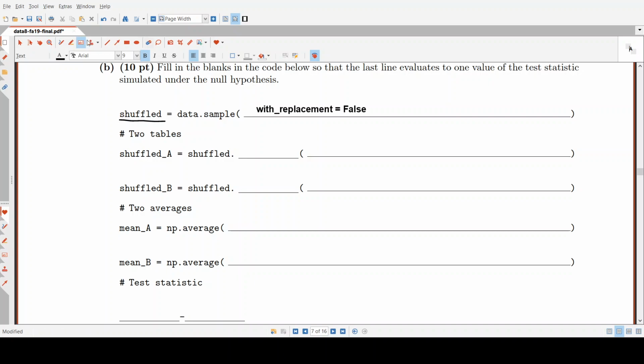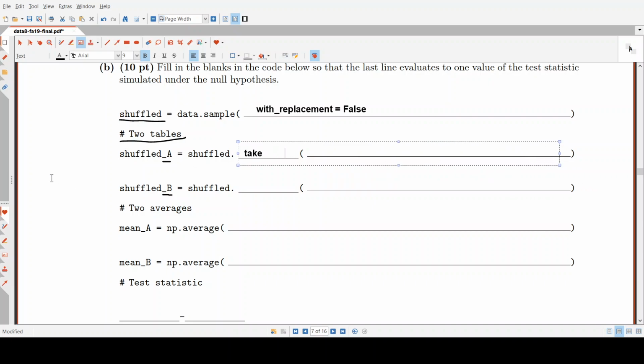Okay, so now it's telling us we want to make two tables. Specifically, one that gives the A group and one that gives the B group. So we want to say shuffled, and then it wants us to take a subset of the shuffled table, which we just made here. The function that we can use to get a certain number of rows out of the table is take.